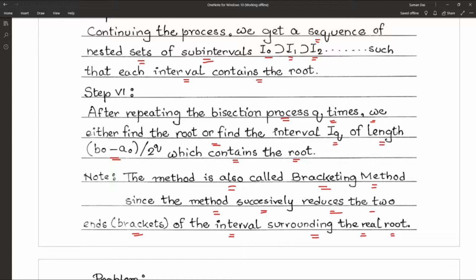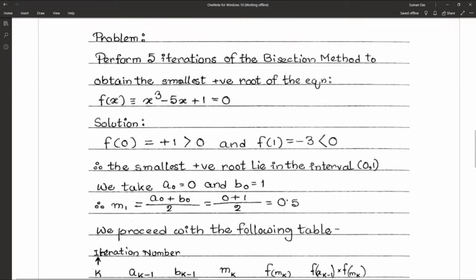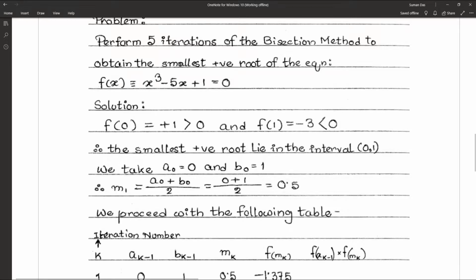Now, according to the theory, we will continue the bisection process using a problem: perform 5 iterations of the bisection method to obtain the smallest positive root of the equation x cubed minus 5x plus 1 equals 0. As the smallest positive root is asked for, we may start from x equals 0 to find the range.